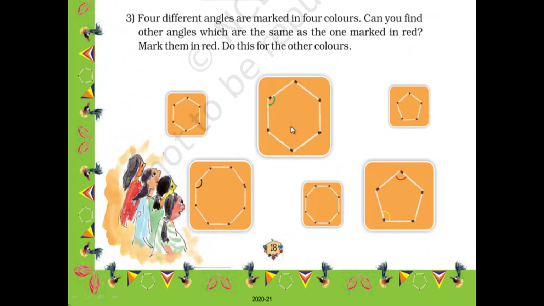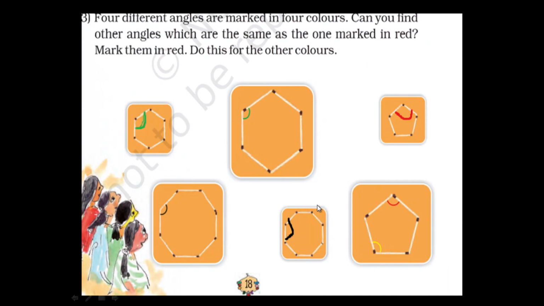So this one and this one are similar. These two are similar and these two are similar. See here, I have marked it for you. This one green, this angle is equal to this angle. Here this one is equal to this one, and black and this angle.